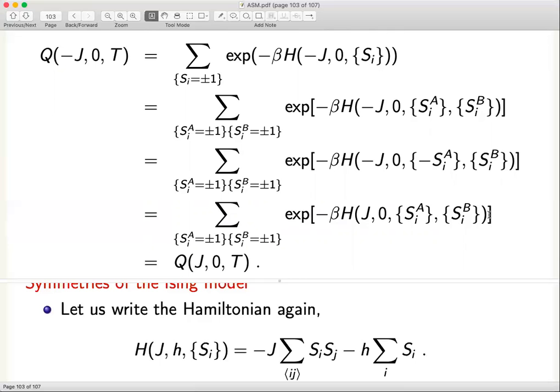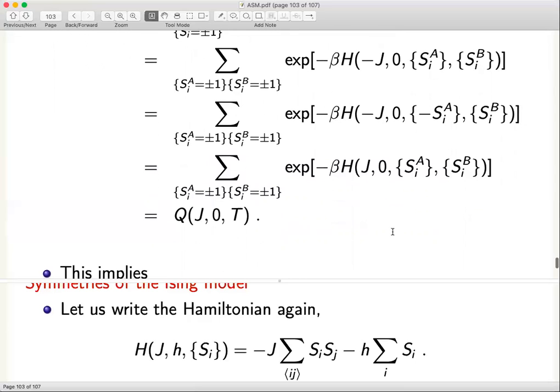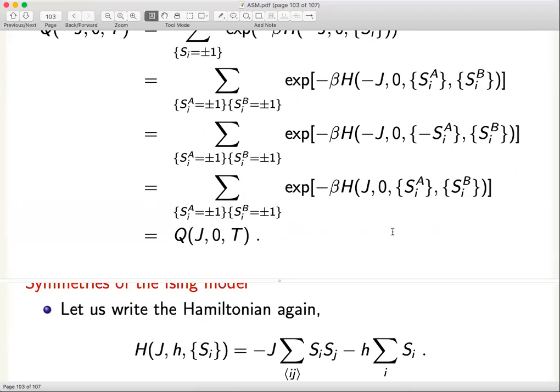Exactly. In fact, flipping the sign of J tells us that the system should behave like an antiferromagnet instead of a ferromagnet, because a ferromagnet would have neighboring spins wanting to point in the same direction, whereas an antiferromagnet would want neighboring spins to point in opposite directions.